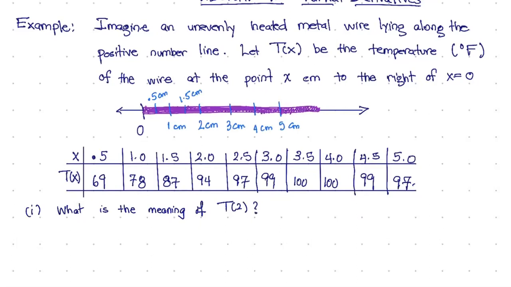To answer that question, we would be looking at the wire at x equals 2 centimeters to the right of 0. And we're asking what is the temperature at that specific location, 2 centimeters.